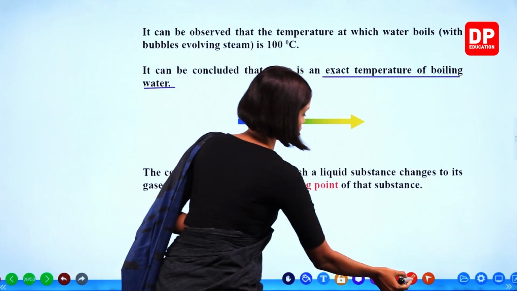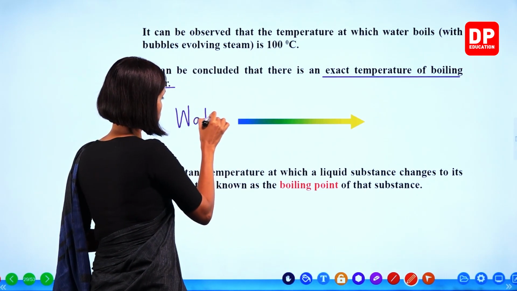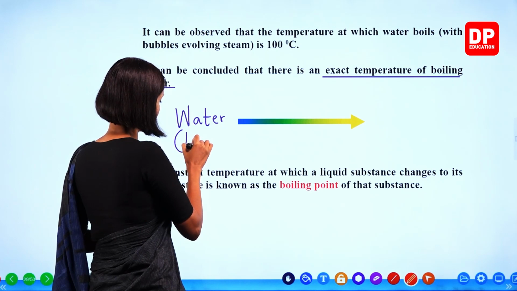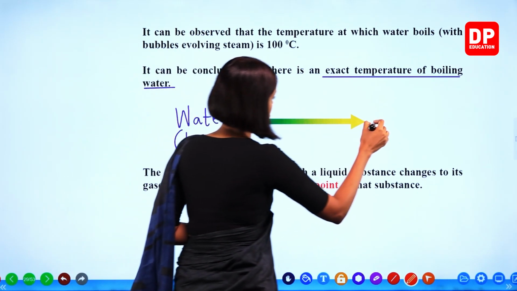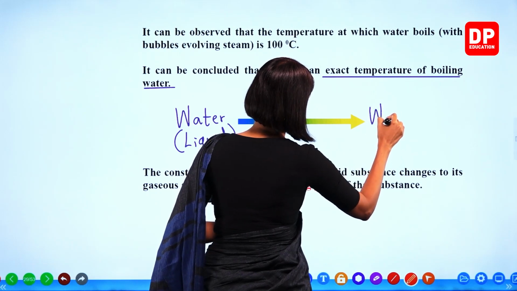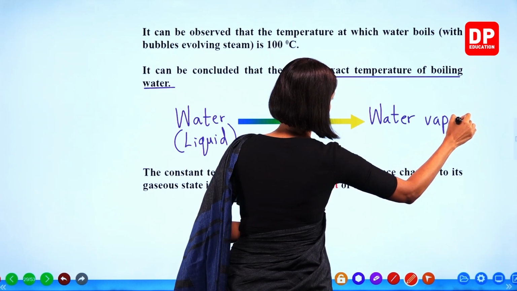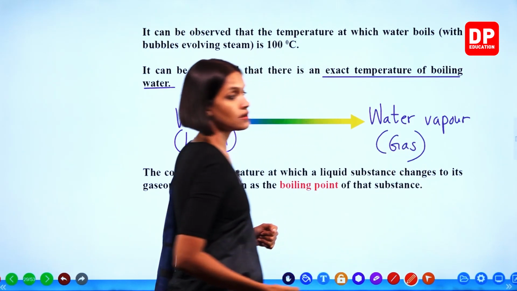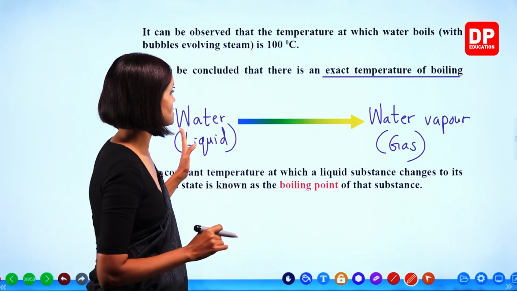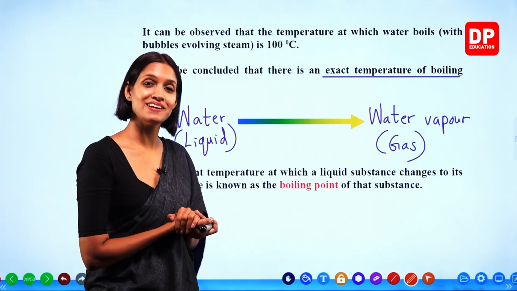So here what is the change of state that takes place? Water, which is the liquid, changes to water vapor, which means the gas. Right, children? Water changes to water vapor, liquid into gas, right?